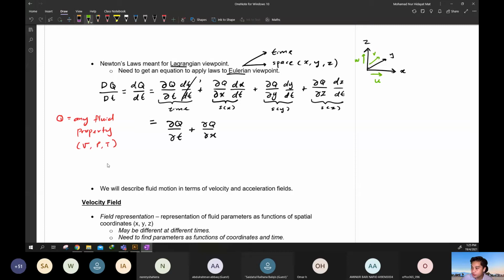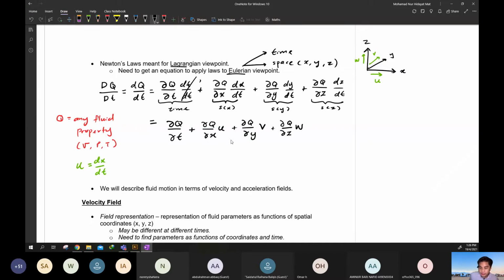Okay, when we talk about u, that means it is dx over dt. So we can simplify here, dx over dt is u, plus partial derivative of q over partial derivative of y multiplied with v, plus partial derivative of q over partial derivative of z multiplied with w.